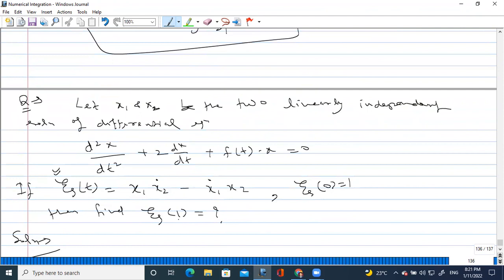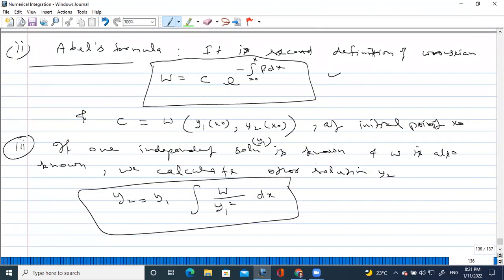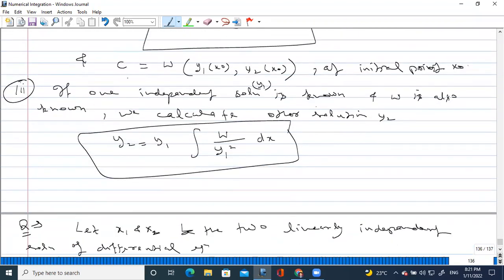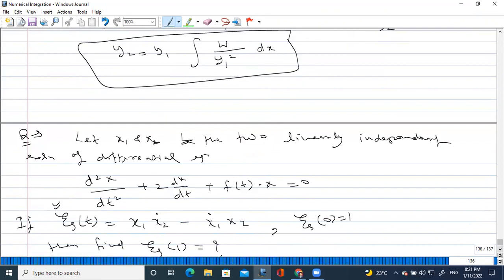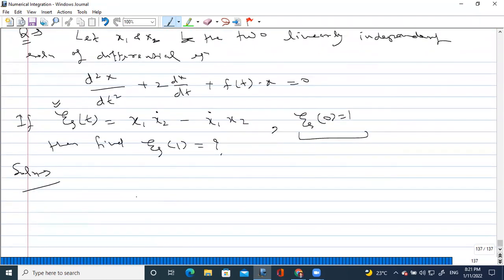How to find out the Wronskian directly? Abel's formula. So you can use this. Here C is the value at the initial point. At the initial point they have given the value of the Wronskian, and this will work as C. Everything is given, so you just have to understand the things.